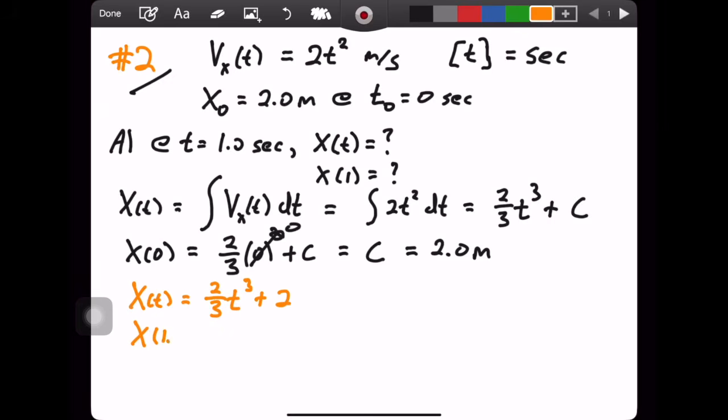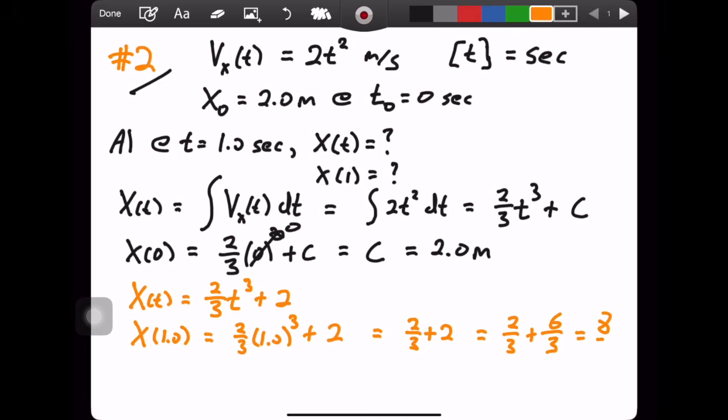So if I put 1.0 seconds in here, I get 2/3 times 1.0 seconds cubed plus 2. 1 cubed is just 1, and so it's going to be equal to 2/3 plus 2, which is equal to 2/3 plus 6/3. I'm just rewriting 2. That is equal to 8/3, which is approximately equal to 2.67.